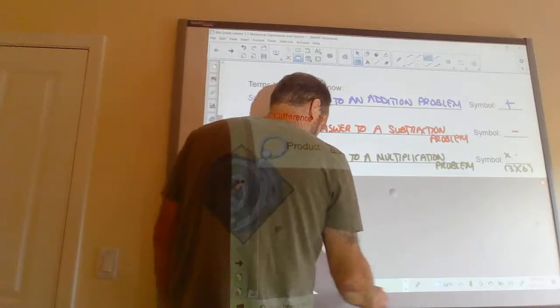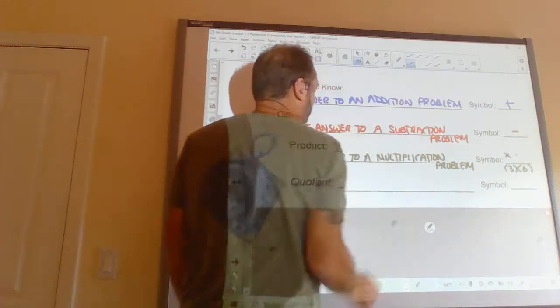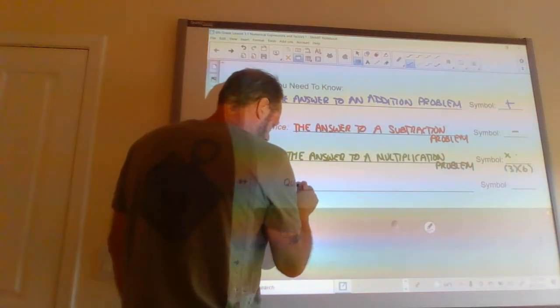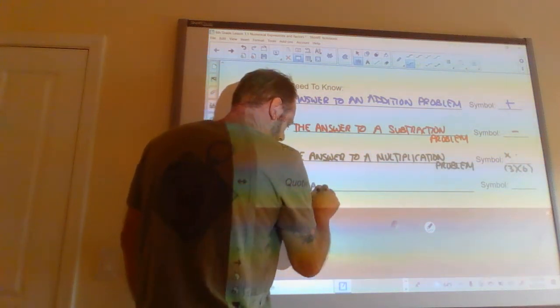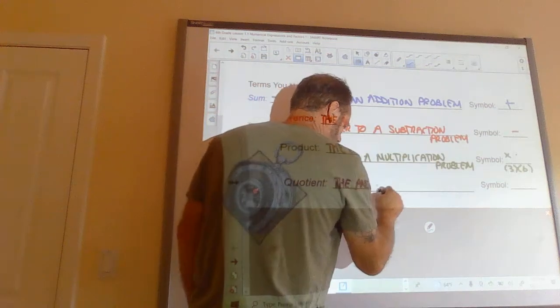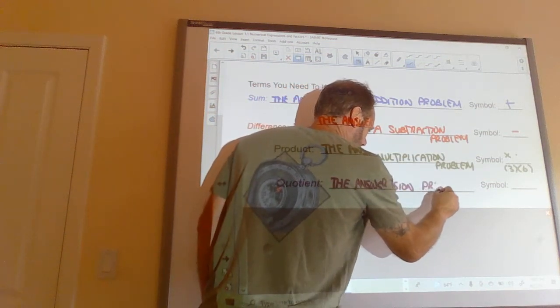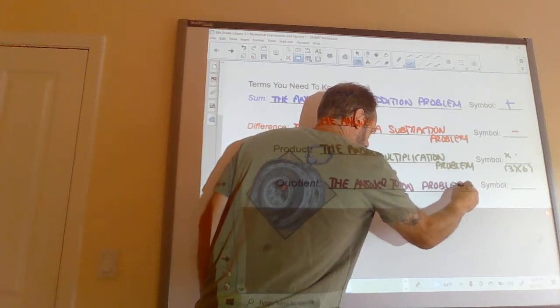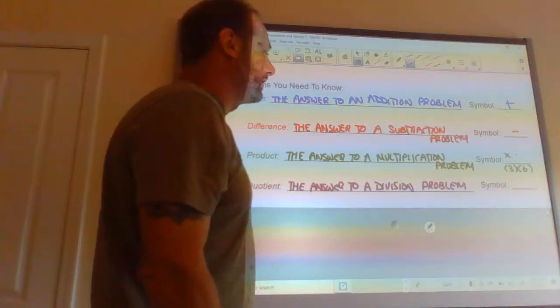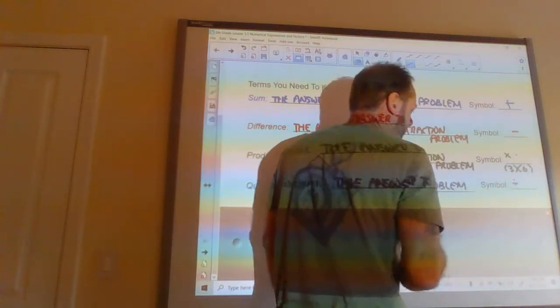All right. And then, of course, what's left is the quotient. So the quotient is just the answer to a division problem. And there's a couple different ways you can do this one too. You can see the division sign like this.